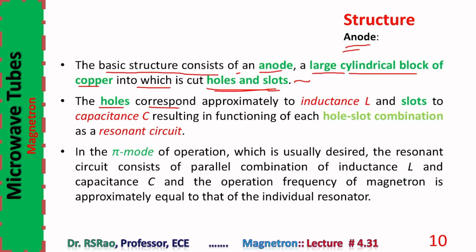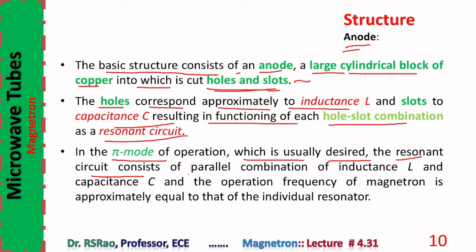The holes correspond approximately to inductance and slots to capacitance, resulting in functioning of each hole slot combination as a resonant circuit. In the pi mode of operation, which is usually desired, the resonant circuit consists of parallel combination of inductance L, capacitance C, and the operation frequency of magnetron is approximately equal to that of individual resonator.